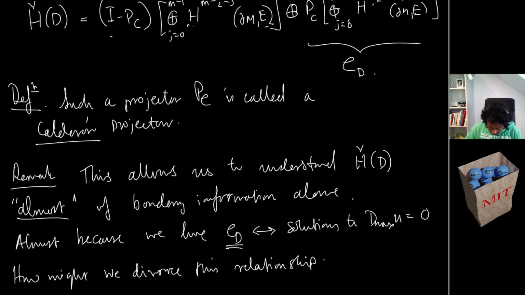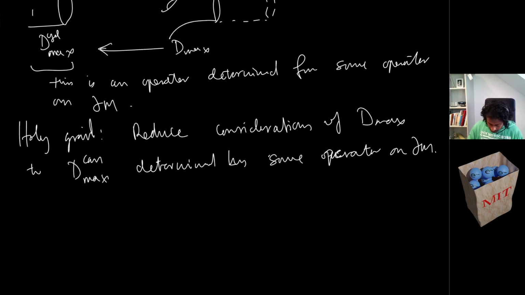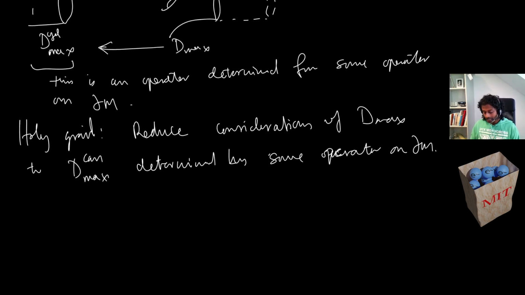Okay, so the question is, what is the Calderon projector in the Laplace-Beltrami case? Well, I don't know how to cleanly describe it. We will see it for the first order case where, in certain situations at least, we can really understand this in a very concrete way. However, the point is that this is not something like the Neumann condition or whatever.